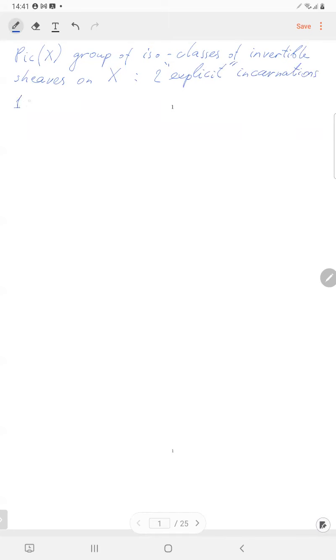One was via invertible sheaves of ideals.